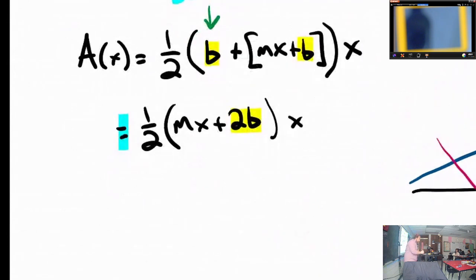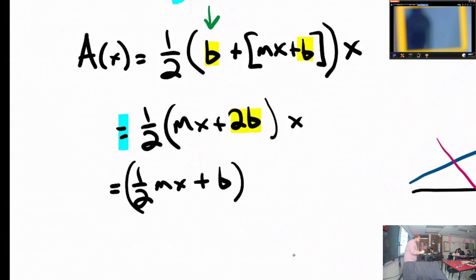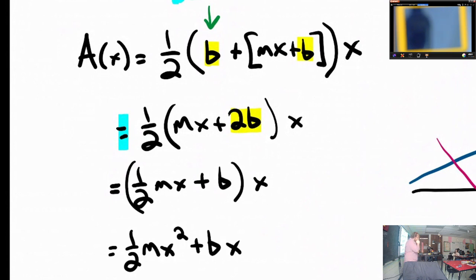I kind of like doing the 1/2 first, so we'll have 1/2 mx plus b times x, because the 1/2 times 2 would cancel out and leave just b. And then you would have equals 1/2 m times x squared plus b times x.